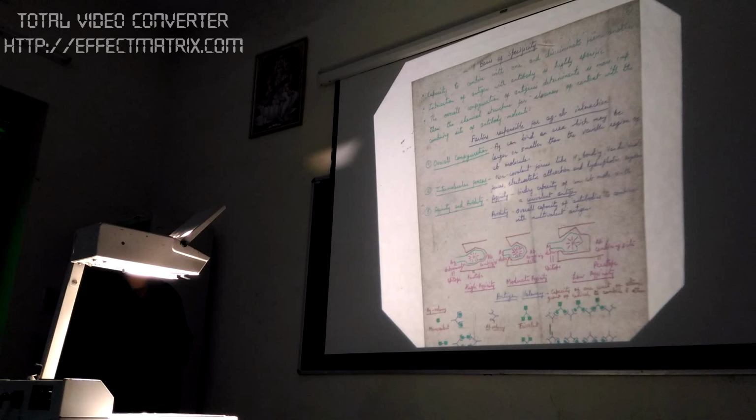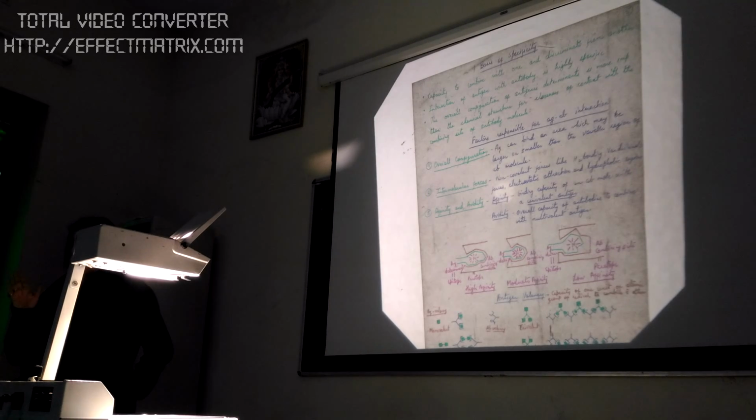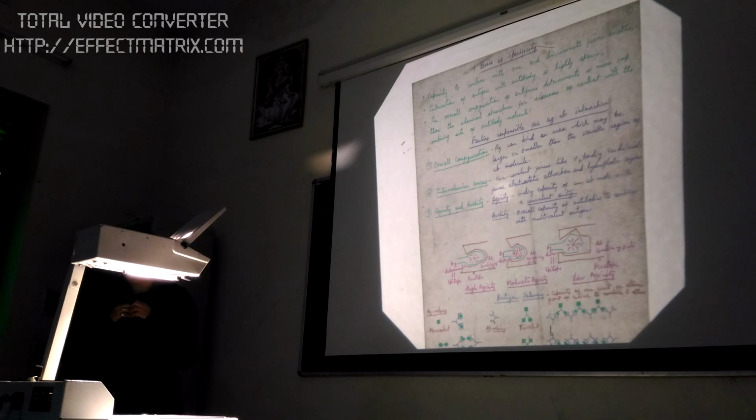Okay. Interaction of antigen with antibody is highly specific. That means that antigen, in normal condition, interacts with the corresponding antibody. That's why it is highly specific. Then the overall configuration of antigen determinants is more important than the chemical structure for closeness of fit.